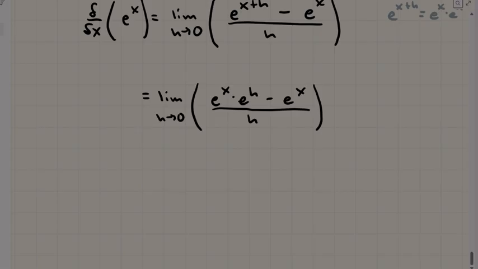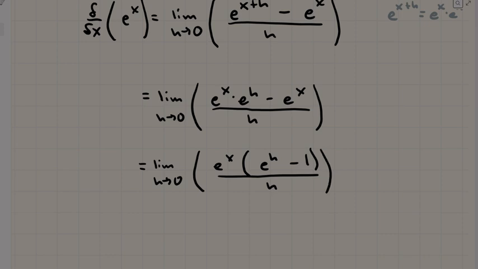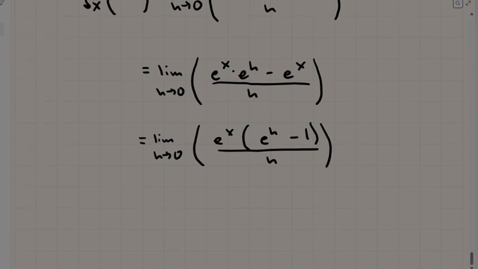All right, and then that allows us to factor out that e to the x, which is shared in both of the numerator terms. So we get e to the x times e to the h minus 1 over h. All right, and we discussed this towards the beginning, but remember, because e to the x does not depend on h, well then the limit doesn't depend on e to the x.